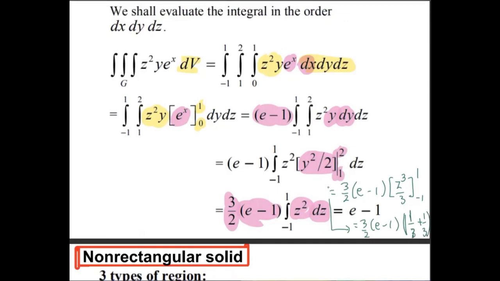So last we will get 3 over 2 (e minus 1) multiplied by 2 over 3. Cancel this, we will get e minus 1. So the answer is e minus 1.